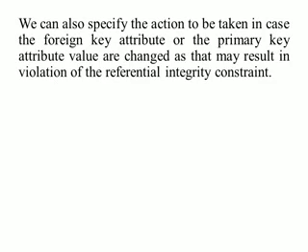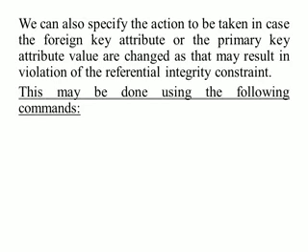For example, suppose in the second table we are changing the value of the foreign key, then that might affect the first table. That is, the referential integrity constraint might get violated. So for that there are some commands that are used so that the referential integrity constraint does not get violated.